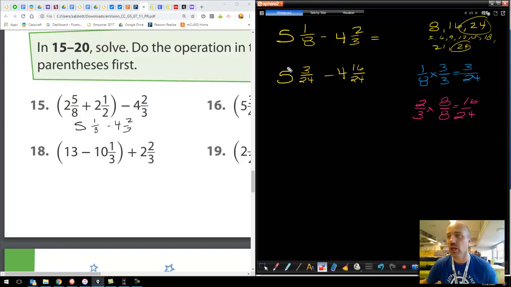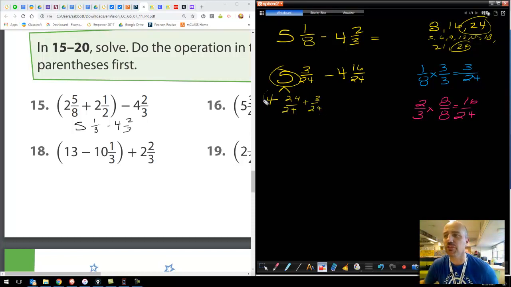If I split this up into a number bond and take one away, I would have 4, and since we're using 24ths, my fraction would be 24/24ths. So I have 4 and 24/24ths, and I also have this 3/24ths here.